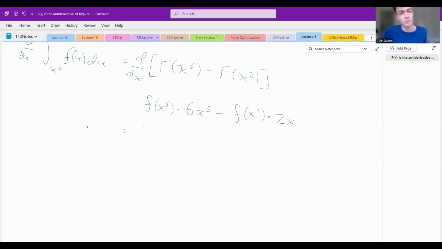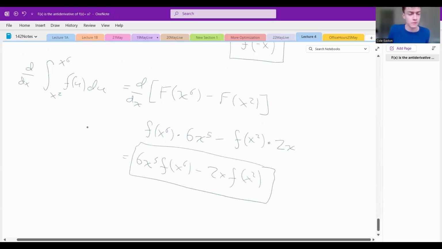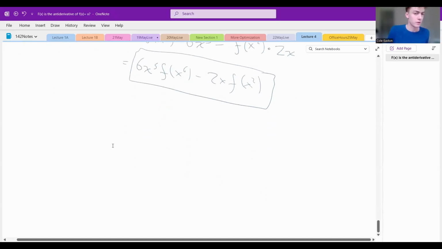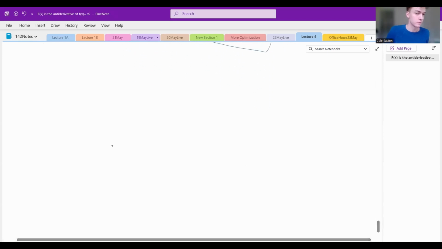If we wanted to, we could rewrite that a little bit, but I think both of these presentations are acceptable. Now if we look at this for a second, we basically see that we plugged these limits into the function in the integral, the integrand, and then we multiplied by the derivatives of those limits.